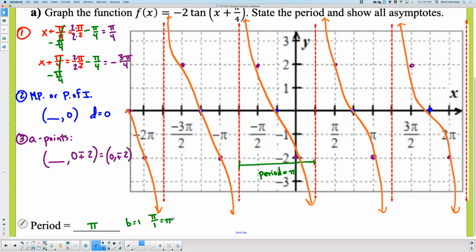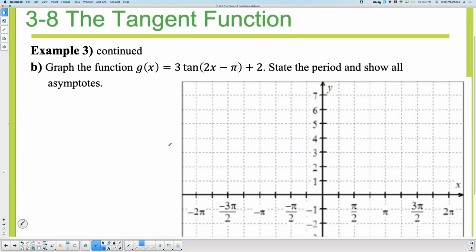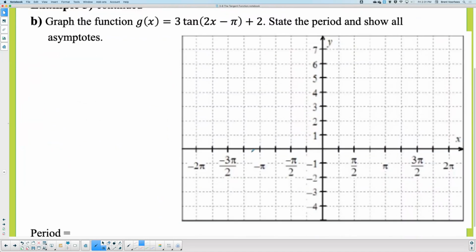There we go. All right. Let's look at part B. So this will be the first time we have a different D value. So part B. Let's check out this graph.